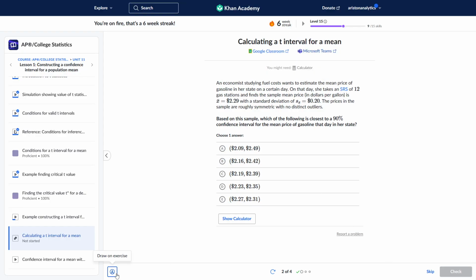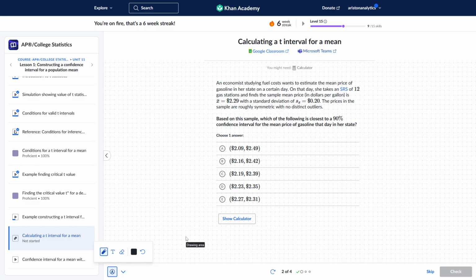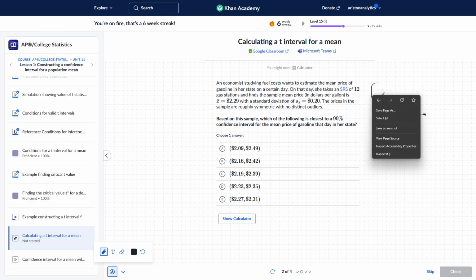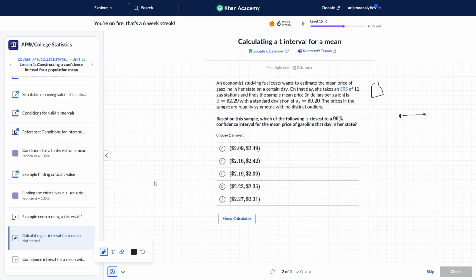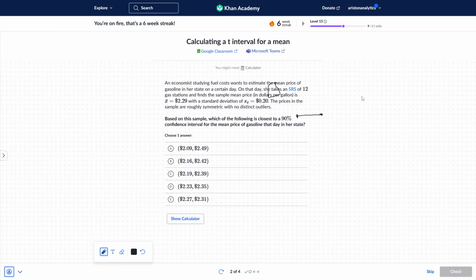What is the confidence interval for this population mean? What is the confidence interval? This is population. Draw a sample.